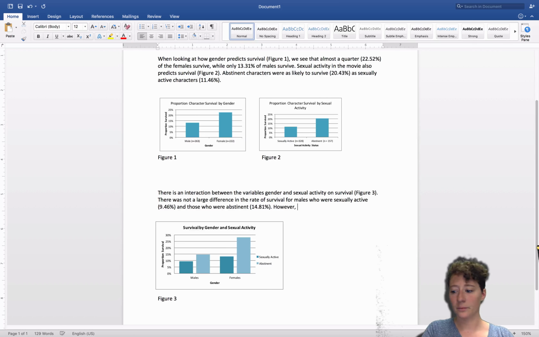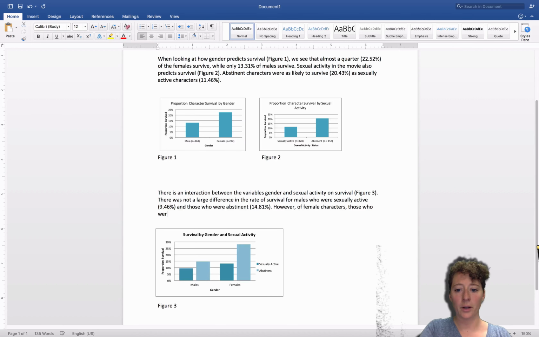However, looking at the female characters, those who were abstinent, they were the ones who were twice as likely to survive as those who were sexually active.